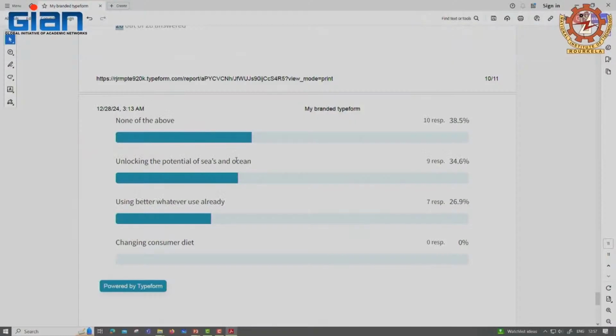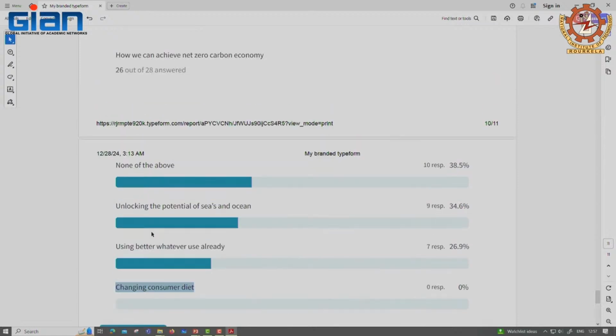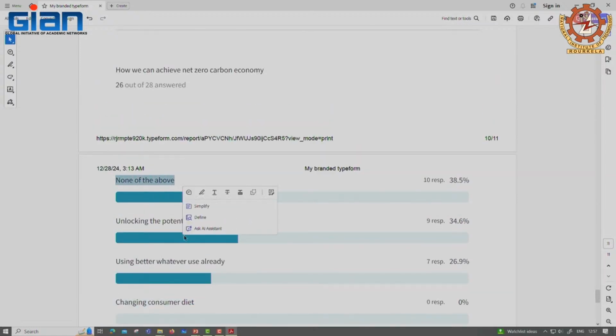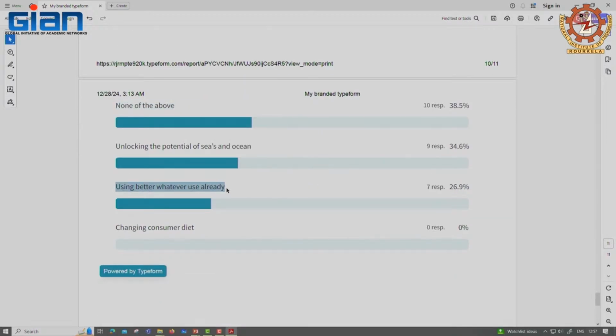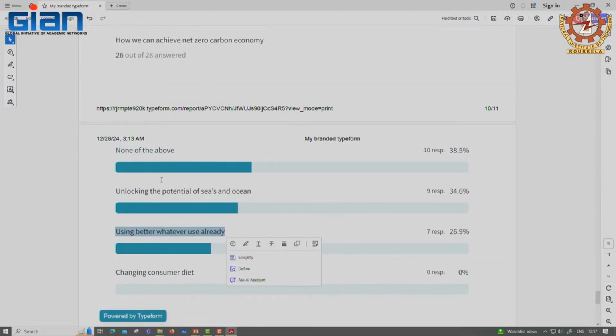So, with this, oh sorry, last question. How can we achieve a net zero carbon economy? Unlocking the potential of seas and ocean, using better what we already use, changing consumer diet. This was a bit surprising, none of the above. Using better what we already use, so the contradictory answer from the previous question.